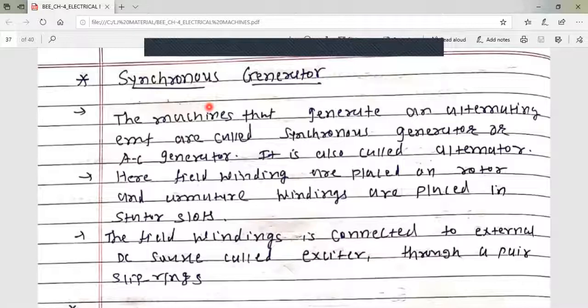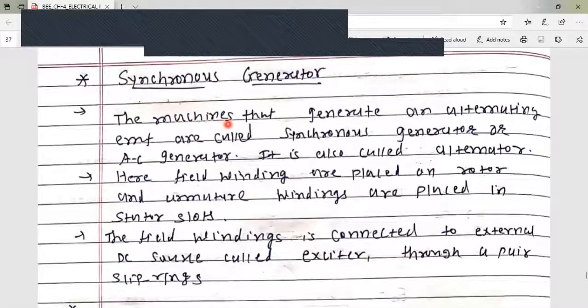Synchronous generator. Machines that generate an alternating EMF are called synchronous generators or AC generators. It is also known as an alternator.